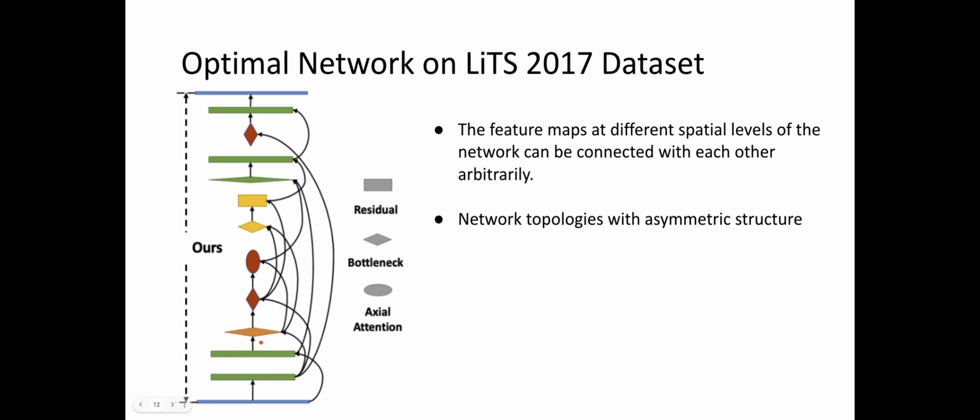Basically, after getting these feature maps, they try to upsample or downsample before they pass them into this block. And as you can see, the architecture that they got is completely asymmetric. It's not like a traditional U-Net, where the skip connections are between the encoder and the parallel decoder. Here, it's completely random.